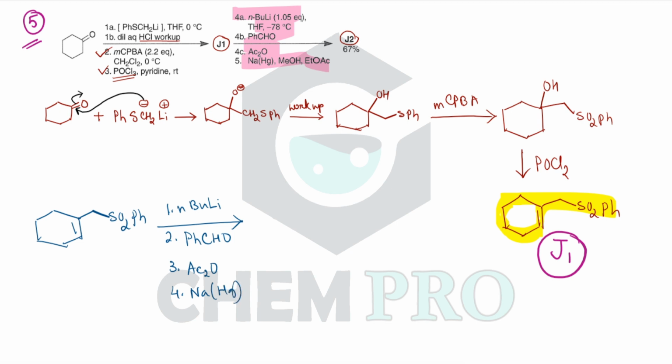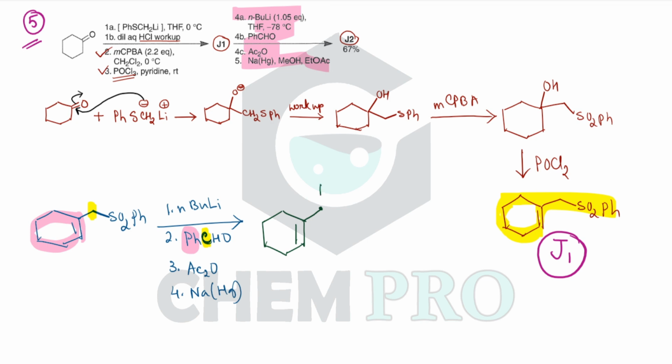So as in the previous example, we have to see this carbon and this carbon, they will make the double bond, and the other part and the Ph will be trans to each other. Okay, so let's make it. So the product will be like this. Here it is the cyclohexene part.